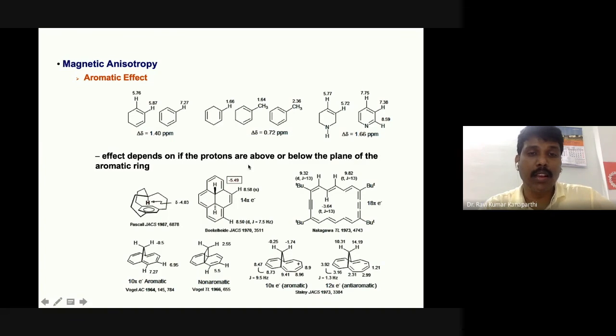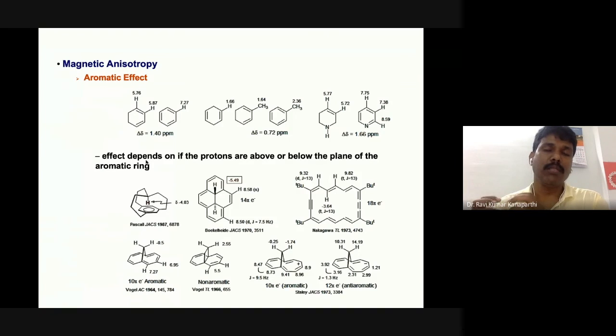You can also notice that the protons present on the plane of the aromatic ring will be found in the de-shielding region. Why? Because they are in the paramagnetic region, so they experience a little more magnetic field, since the induced magnetic field reinforces the applied magnetic field.